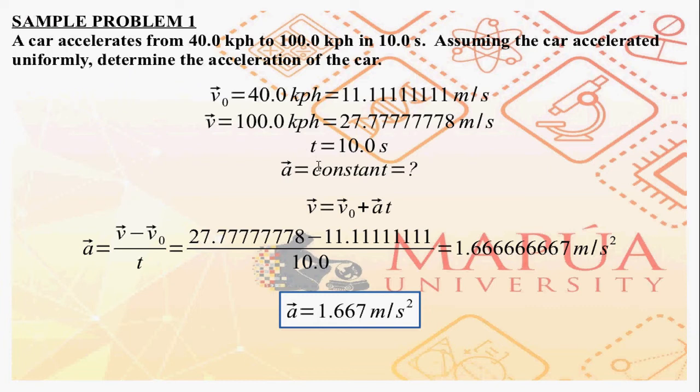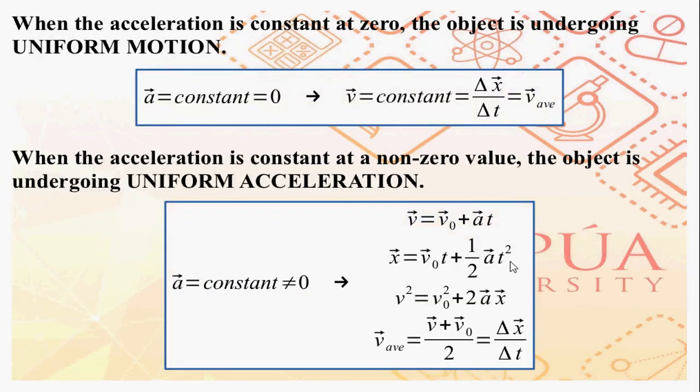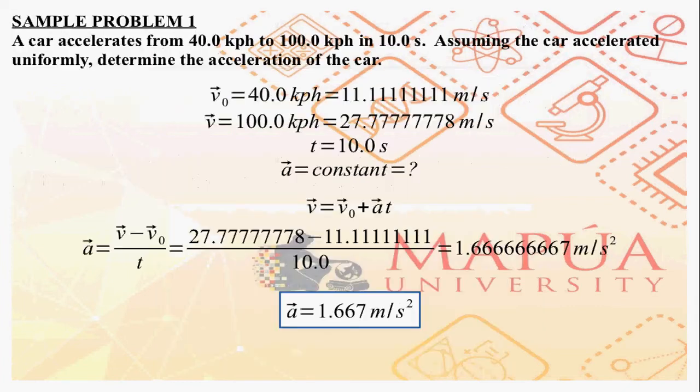So continuing with our answer, you're being asked to get the acceleration of the car, of the object. Uniform acceleration, you have 4 equations by which to analyze the problem. Again, going back to the previous slide, you have 4 equations to choose from. Say we look at the first equation, v = v0 + at.